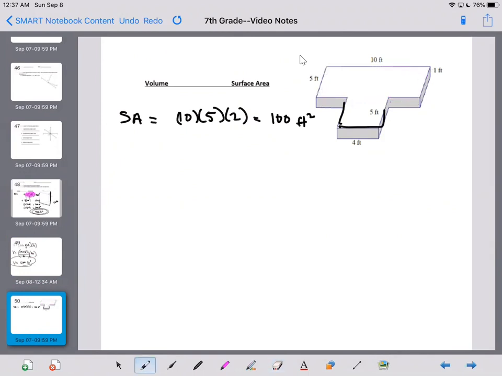And then this would be 4 by 5. We rewrite that. That's 5. And we know that this is 5. And this is 5.